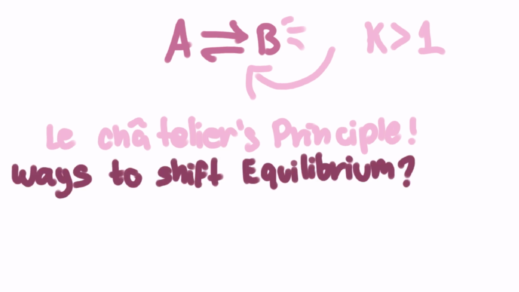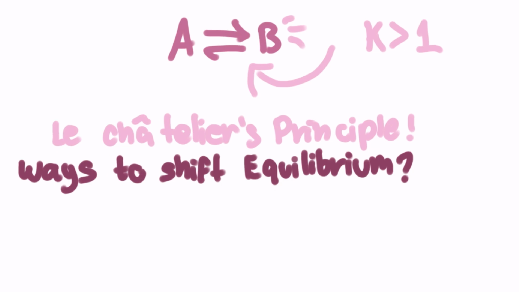Now, what are some ways that we can shift equilibrium? I'm making an emphasis on equilibrium, not equilibrium constant. We are not talking about K right now.